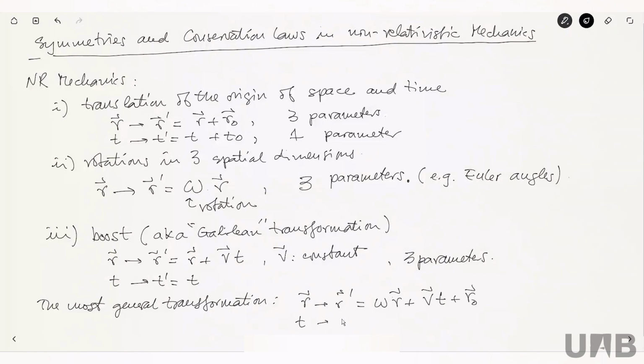And t goes to t prime, which is a translation of time. So all in all, 10 parameters. 10 parameters in total, okay?